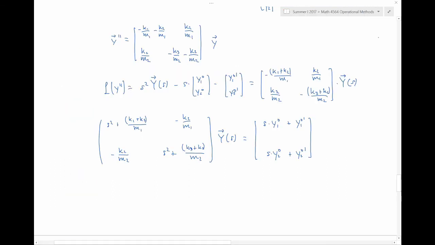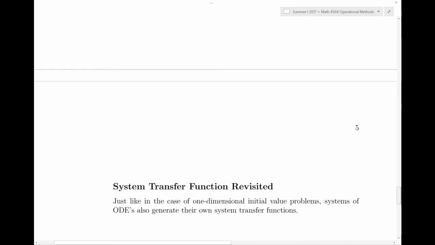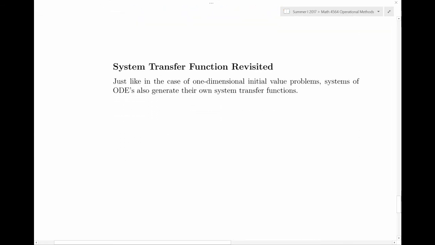Alright, going back to our theoretical material, the last thing I want to talk about is the topic of system transfer functions. Just like in the case of the one-dimensional initial value problems, the systems of ODEs generate their own transfer functions. We have seen it's done in the two examples before.